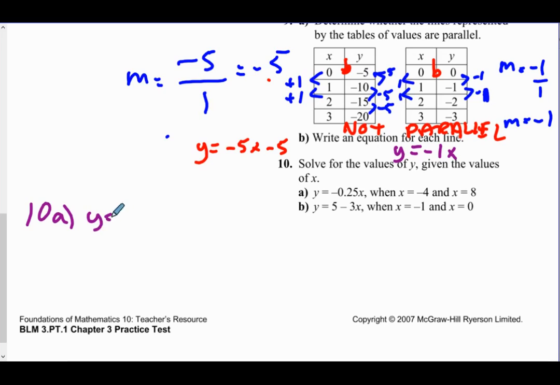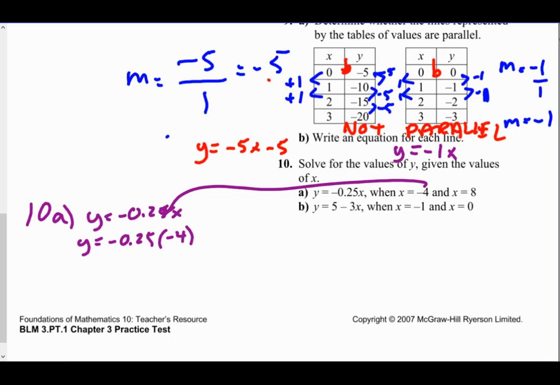So y equals negative 0.25x. So we say y equals negative 0.25, and then in the x, we bring that 4 over. Y equals, well, two negatives make a positive, and a quarter of 4 is 1.